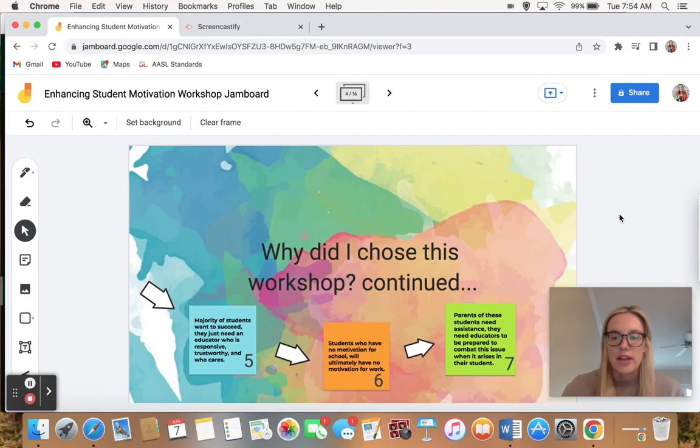So just starting that motivation inside them sooner is better. And then number seven, parents of these students need assistance. The parents that do value education, but just can't get their students to understand that, need educators to be prepared when this issue arises in their student.